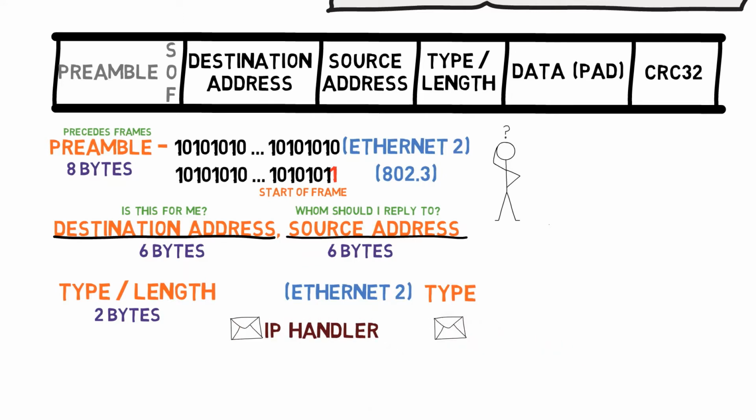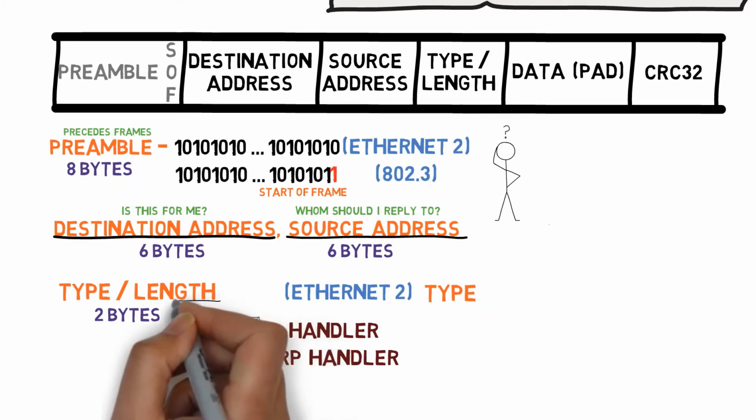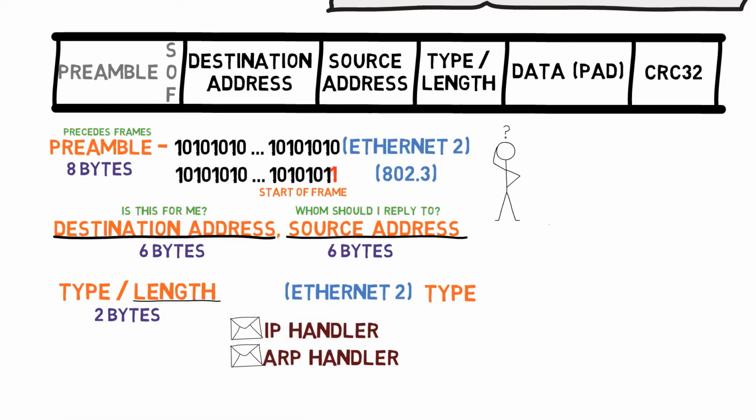If the frame's payload is ARP, then the ARP handler should deal with it. By handler, I mean the code that handles this protocol, for instance, the code that parses ARP. We'll learn about IP and ARP in the future too. Don't worry about it for now. We'll come back to the need for length and how it is dealt with in IEEE 802.3 shortly.